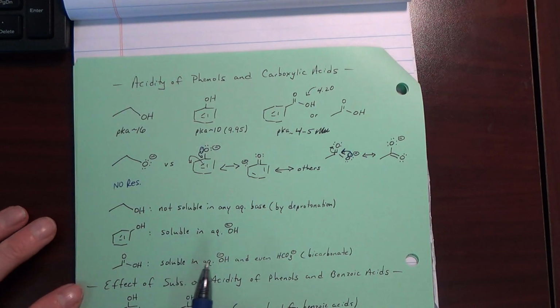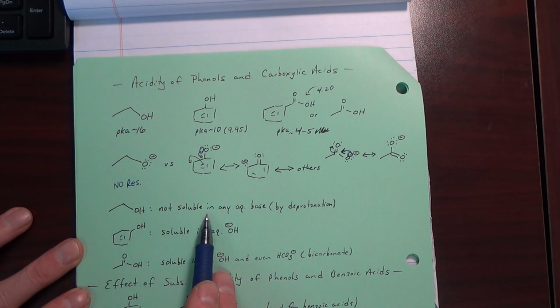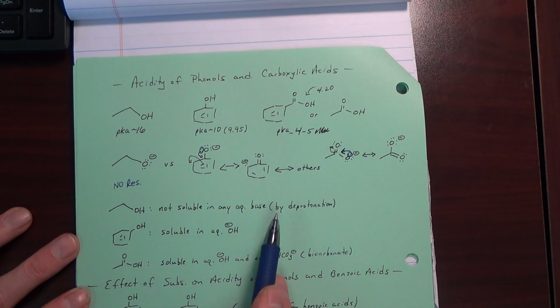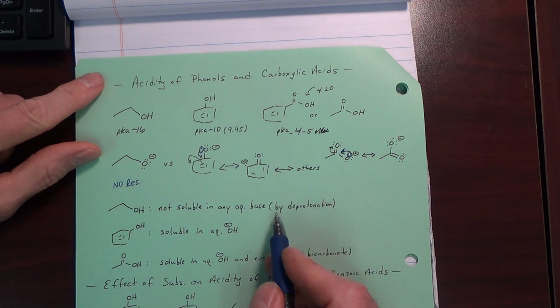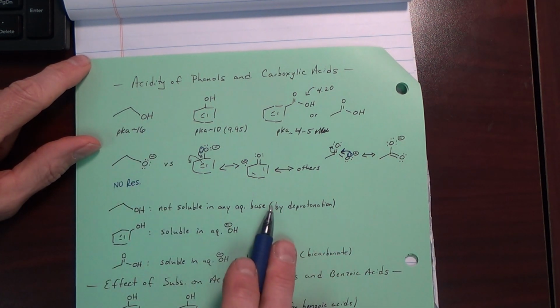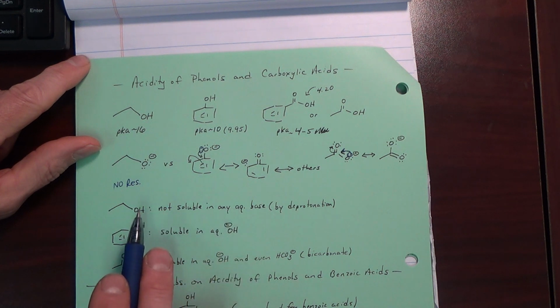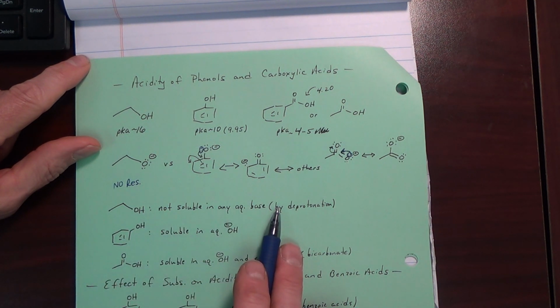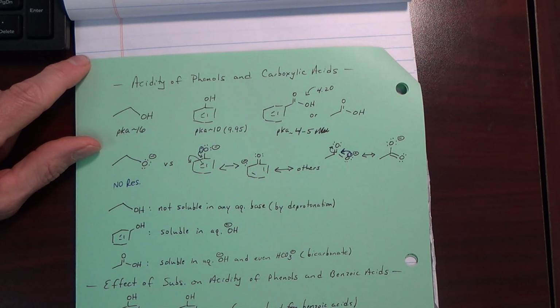Now, practical consequences of these acidity trends: an alcohol is not going to be stable in any aqueous base by deprotonation. Typically, we talk about converting things to anions, and we can make them soluble in water. You are not going to deprotonate an alcohol using an aqueous base.